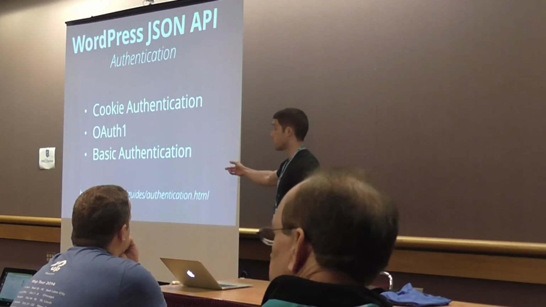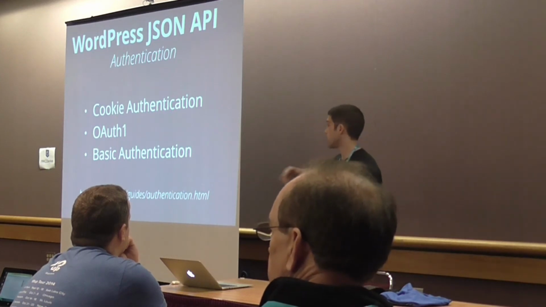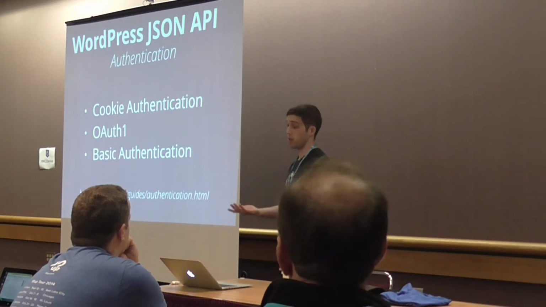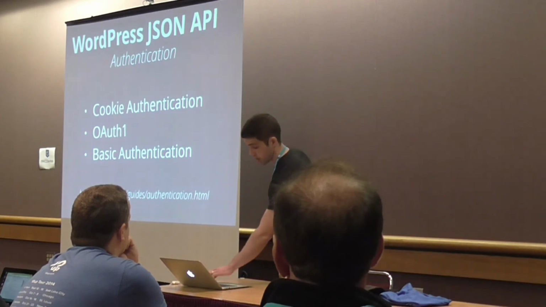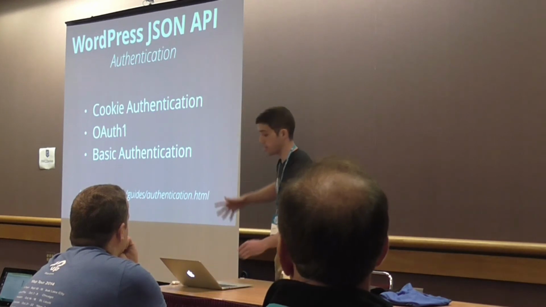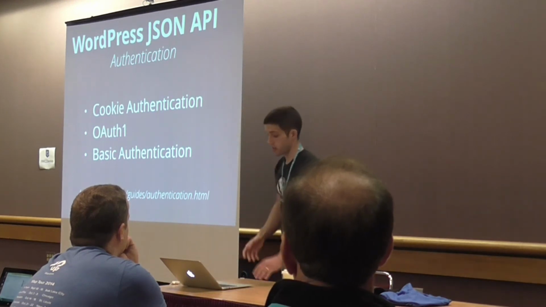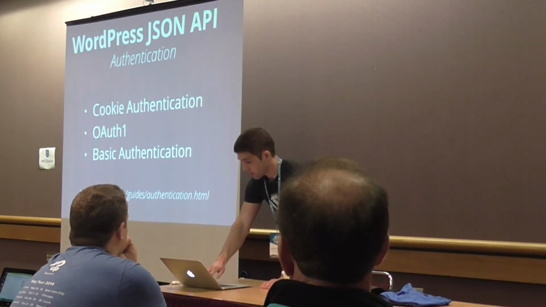Basic authentication is easy to use though, so if you're developing or you just want to make a curl request, you can use basic authentication to do that. And those are only for the authenticated endpoints. A lot of the data that you're querying is public anyways, so you don't need to concern yourself too much with that.